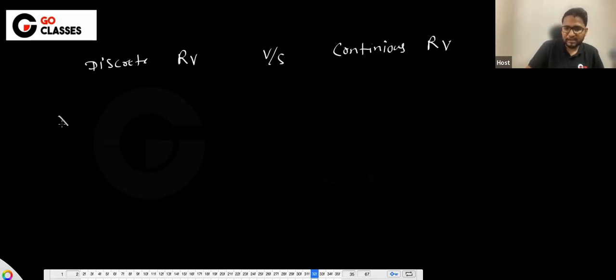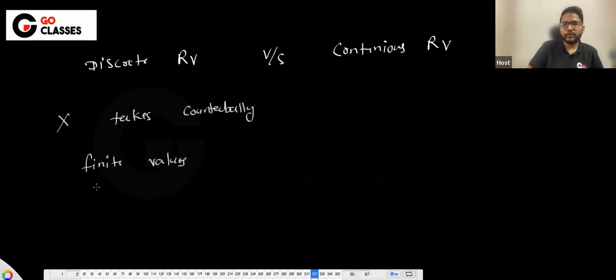If a random variable X takes countably finite values, discrete values, though it can take infinite values also, then it is a discrete random variable.